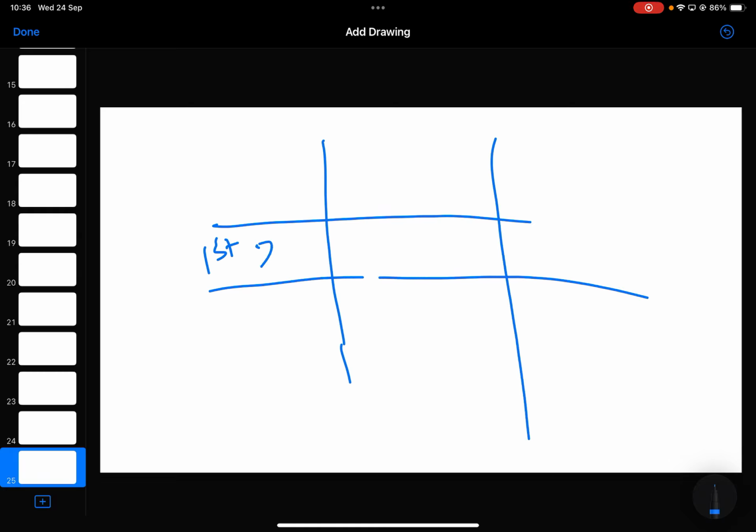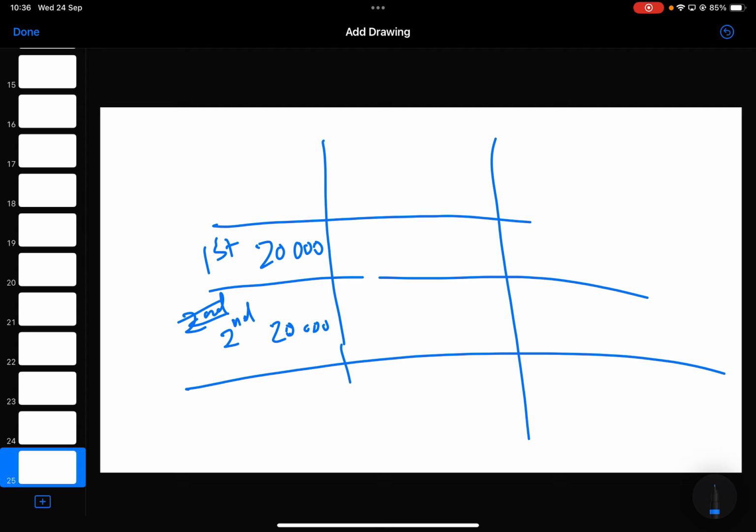First 20,000. Second 20,000. Then third 20,000.